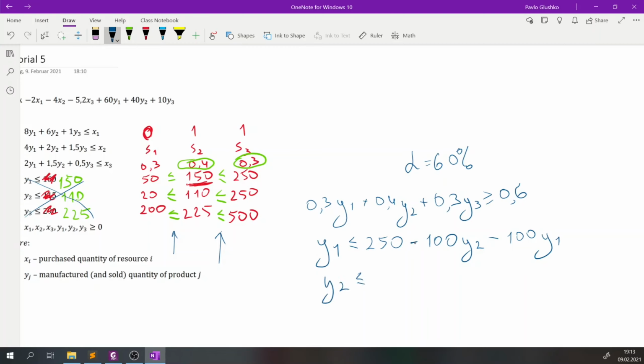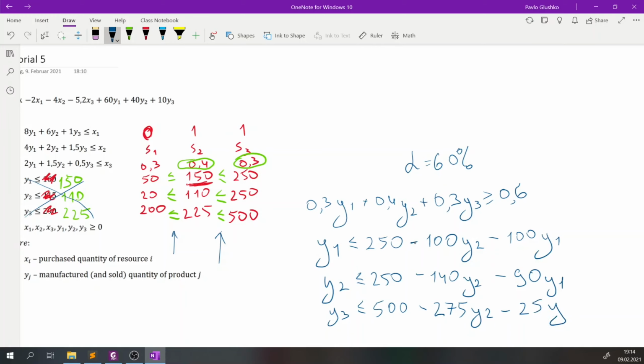So I will just write down, so it's 250 minus 140 y2 and minus 90 y1, and then y3 difference 275 y2 and minus 25 y1.